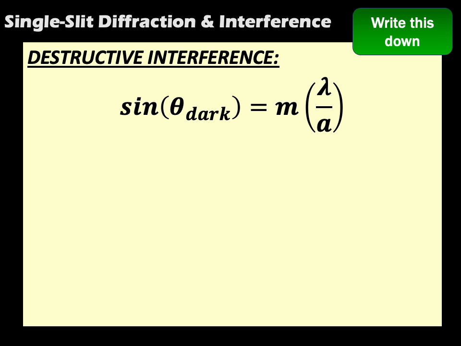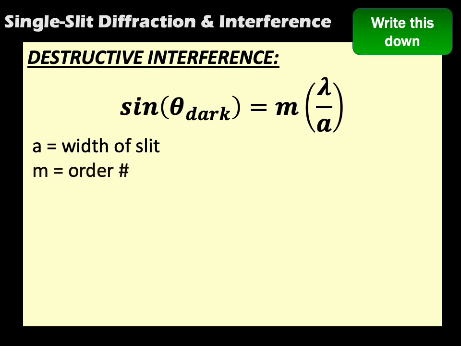You know what sine is. It's a trig function. And m, we don't know what m is yet, but you'll find out. That funny looking upside down y, that's lambda. That is the wavelength. As it turns out, a is the width of that very narrow gap, that slit.